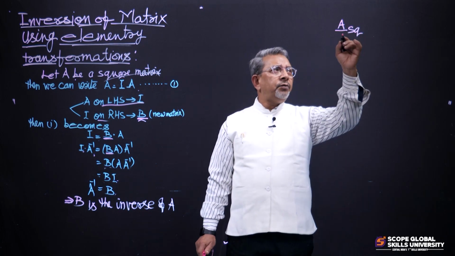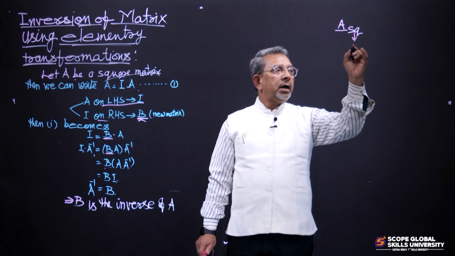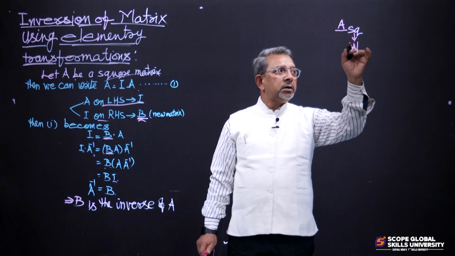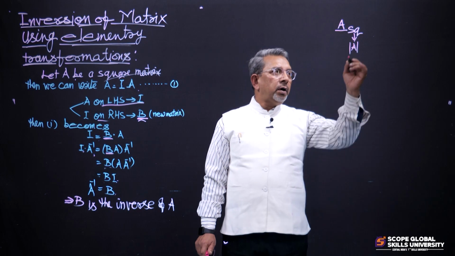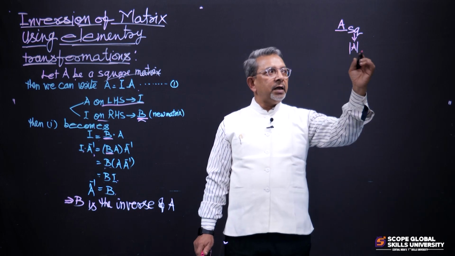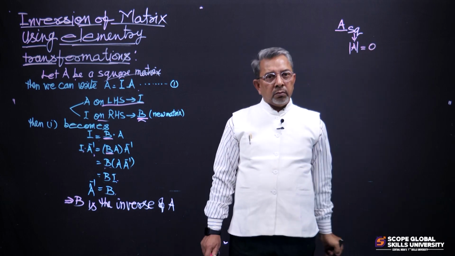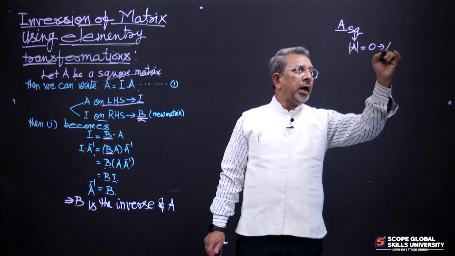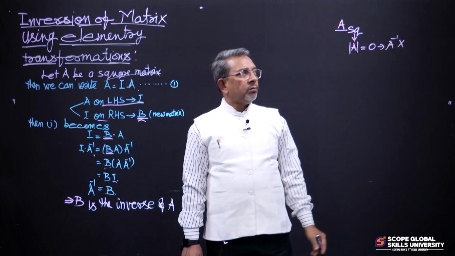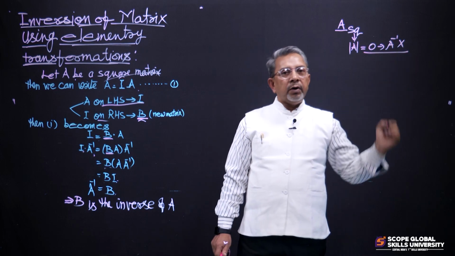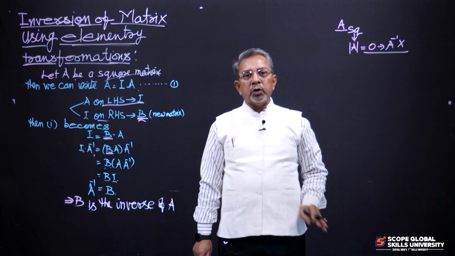And if it is a square matrix, then you have to determine its determinant value, and on the basis of the determinant value of matrix A, if it is 0, then we conclude that the inverse is not defined or not possible. Then we can stop our working by answering that the inverse of the given matrix is not possible.